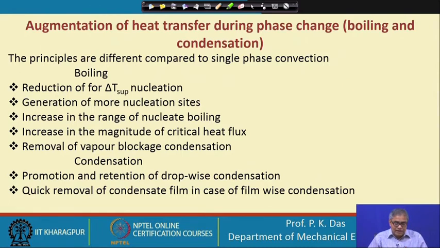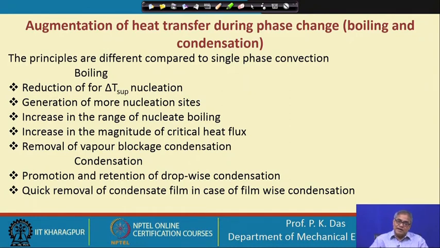Then, increase in the range of nucleate boiling. Actually, I will touch upon boiling later, but as we are discussing augmentation, I want to say that nucleate boiling is a very high rate and safe method of heat transfer during boiling. So, we want to increase its temperature range, and we want to increase the magnitude of critical heat flux.